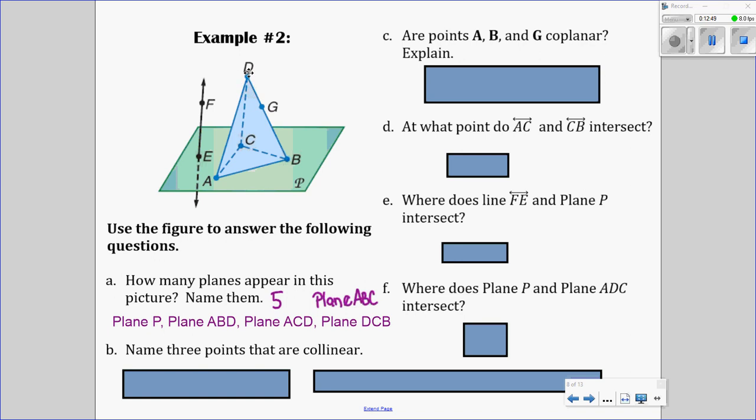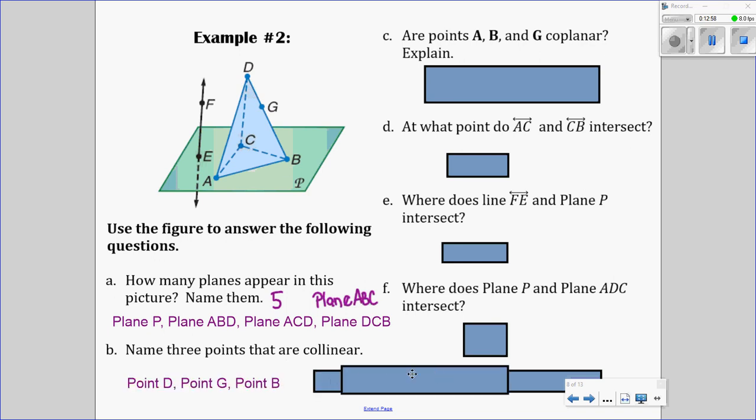So we have D, G, B. Those are the 3 points that are collinear. And notice how I labeled point D, point G, point B. If you were to just use the word point once, you would put points, plural, D, G, B. If not, then you have to individually label them point D, point G, point B. Same thing like I did with the plane.